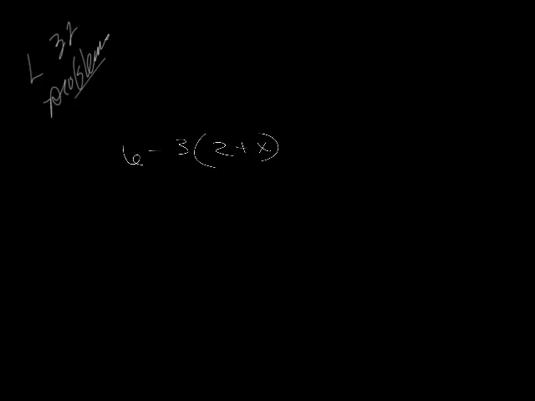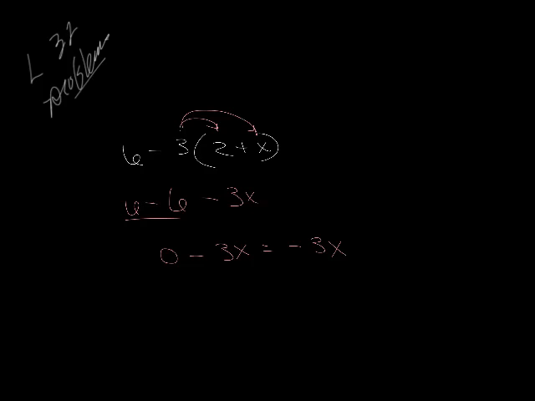That would be doing addition and subtraction first. It's always the multiplication first. So you'd get 6 minus 3 times 2 is 6, minus 3 times x is 3x. Now you subtract and get 0 minus 3x, or -3x.